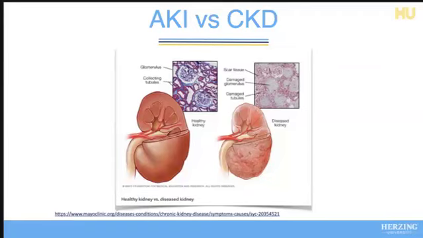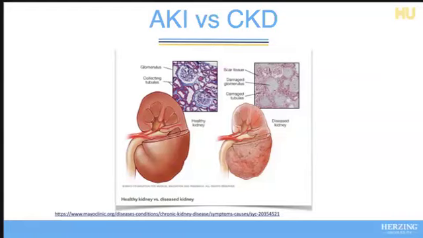Now, in chronic kidney disease, when some of those nephrons are damaged, the remaining healthy nephrons undergo, again, hyperfiltration to maintain the overall glomerular filtration rate. So that is something to remember.